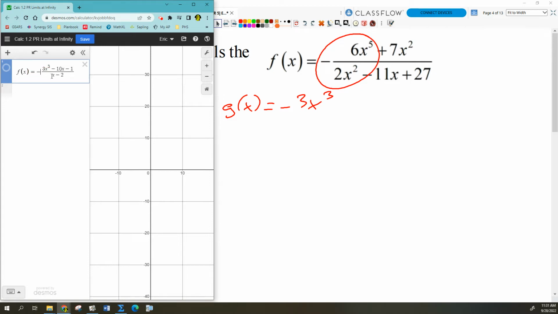Negative the quantity 6x to the fifth plus 7x squared, divided by 2x squared minus 11x plus 27. Is that right? Yeah, looks good.